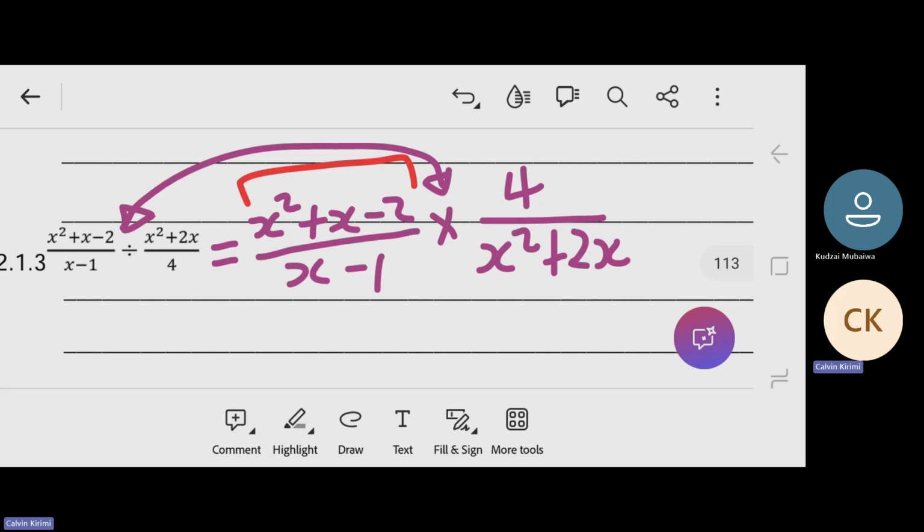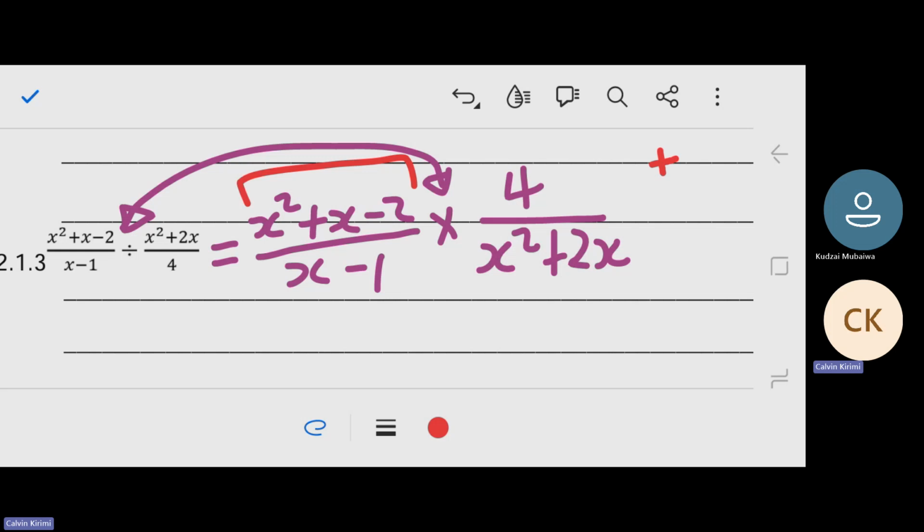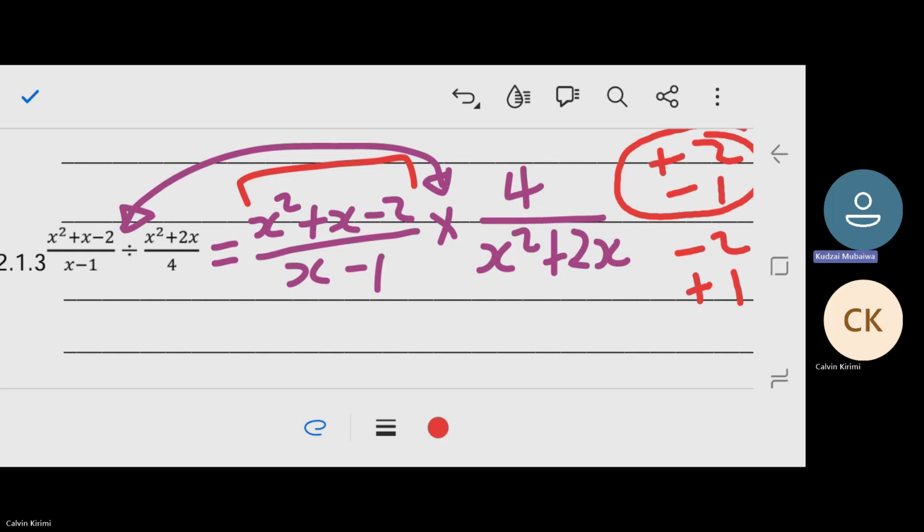For -2, it can be +2 and -1, or it can be -2 and +1. These are combinations for the last term, not the middle term. Then you disqualify, because when I add these two numbers I must get +1.